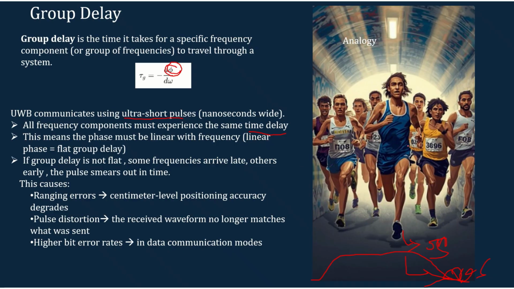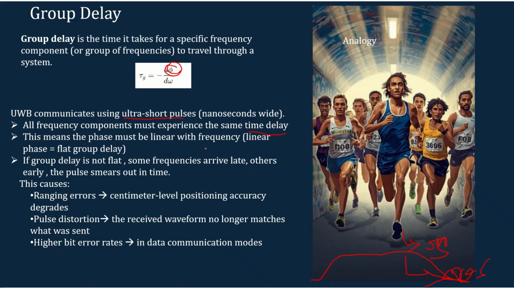Similar to the marathon runners, as all the marathon runners have to come out of the tunnel at the same time, taking the same time, the frequency components also have to experience the same time delay.